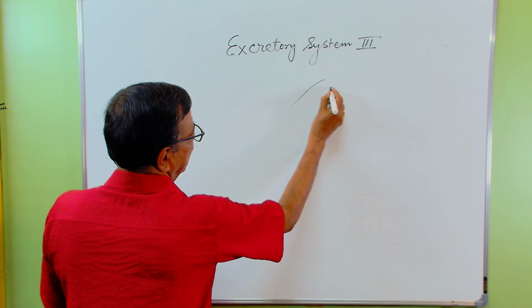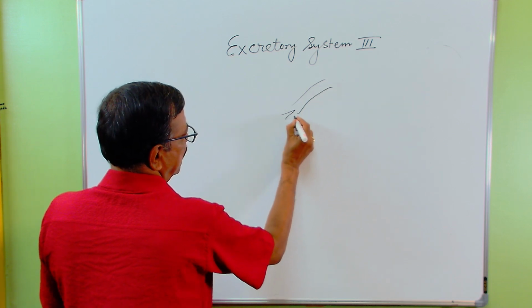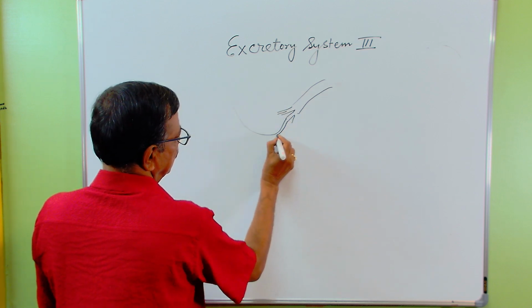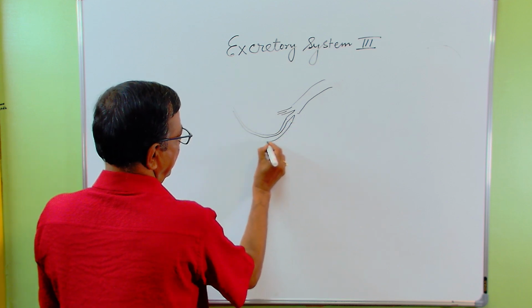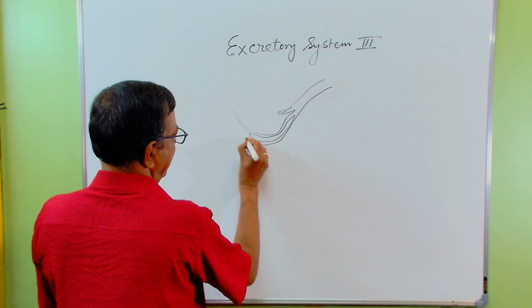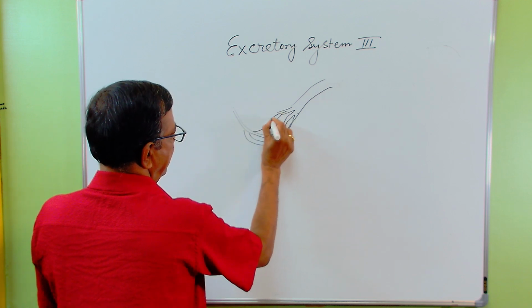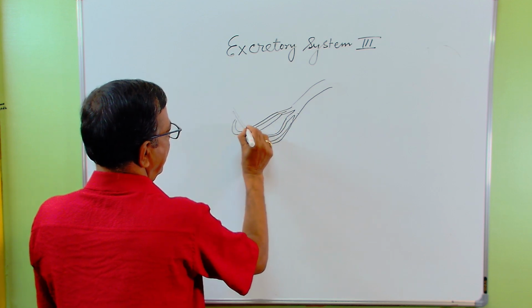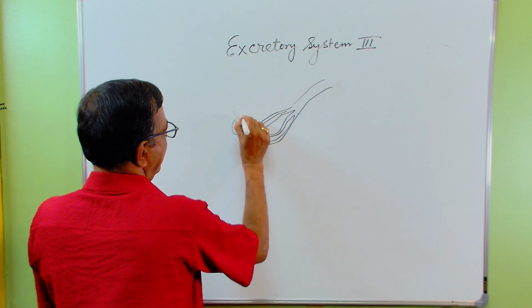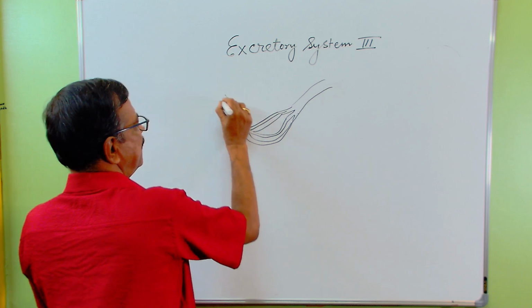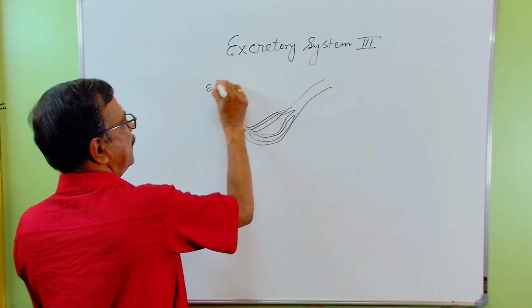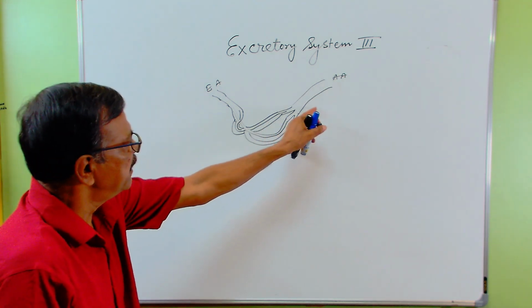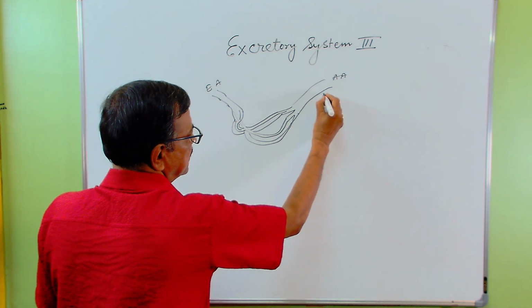Suppose this is the afferent arteriole, it is forming loops and joins to form efferent arteriole. This is afferent arteriole.